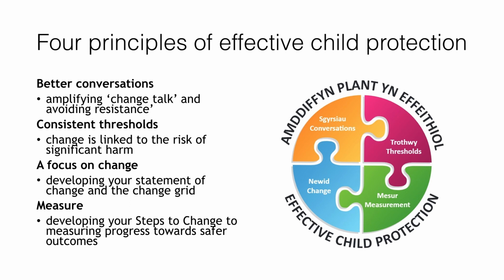You developed your own change statement and provided evidence why care was not good enough and how things should be if care was good enough. You developed one of these changes and used a method to score, monitor, and measure progress. You developed your own steps to change.